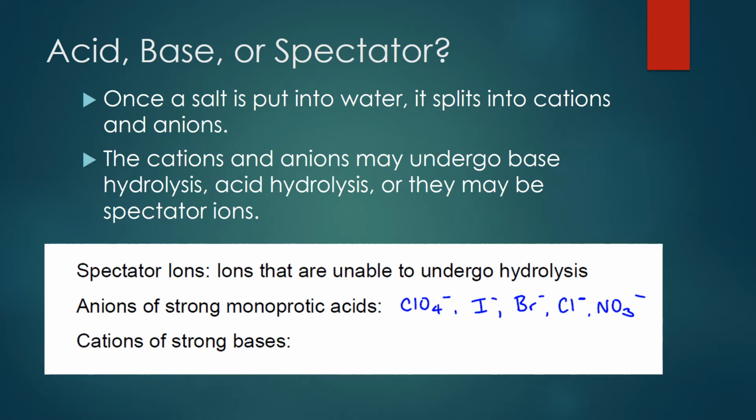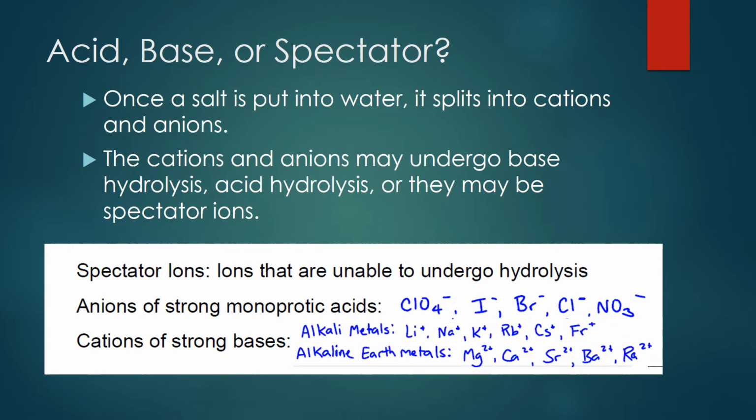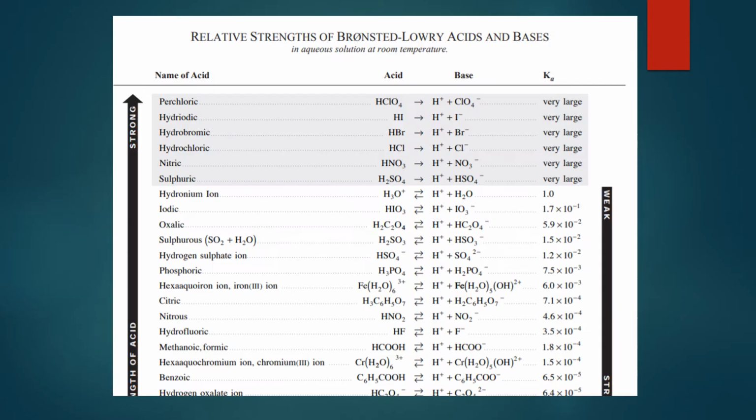They are not able to undergo hydrolysis. Cations of strong bases as well, and that includes all of the alkali metals and alkaline earth metals, because when we combine those with hydroxide, like lithium hydroxide, they only form a one-way reaction as well. None of these get to act as an acid, so all of those are spectator ions too.